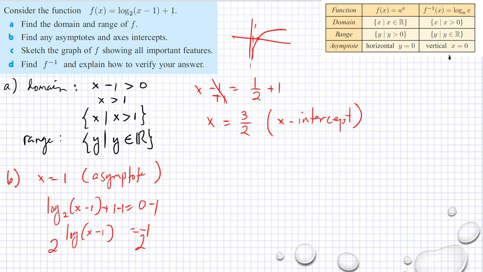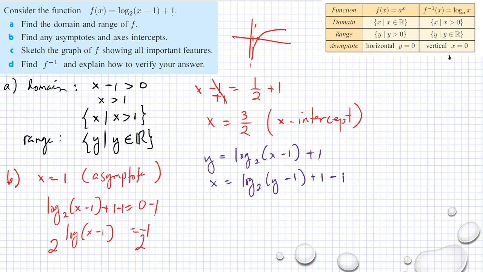Before I do C, we will find D first, and then we can see if we can graph the inverse. Okay, so our inverse: we write here y is equal to logarithm of 2x minus 1 plus 1, and then our x is now equal to logarithm of 2y minus 1 plus 1.